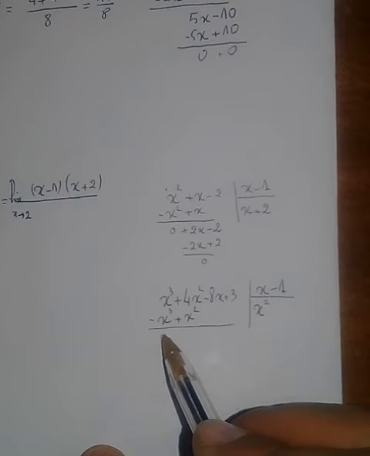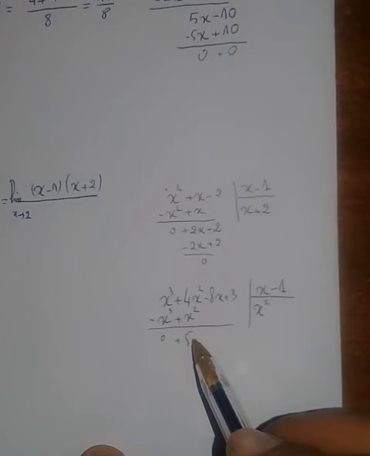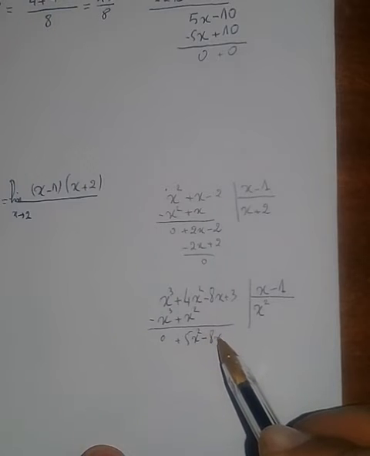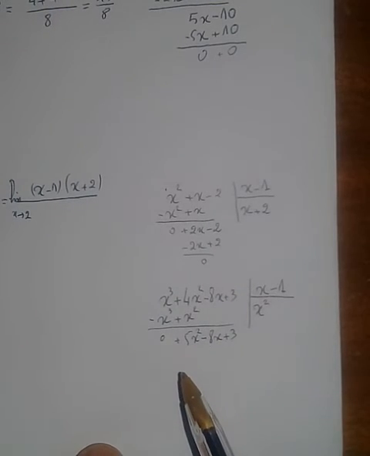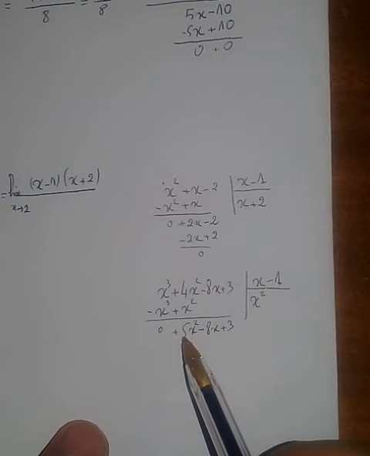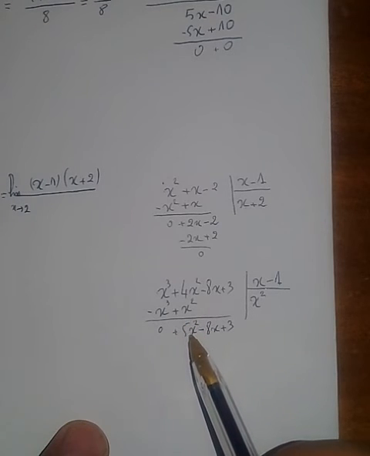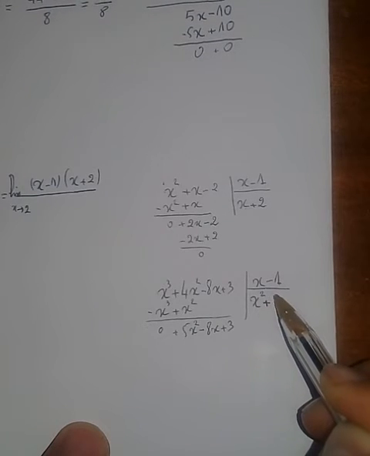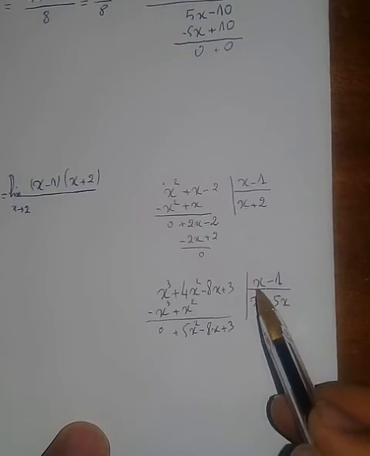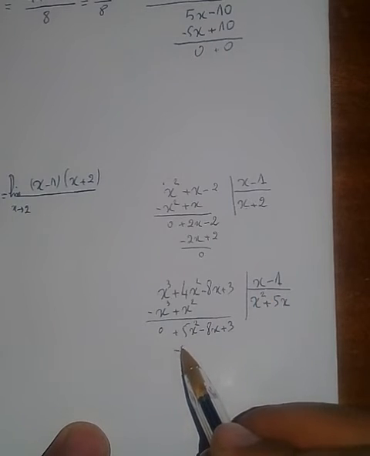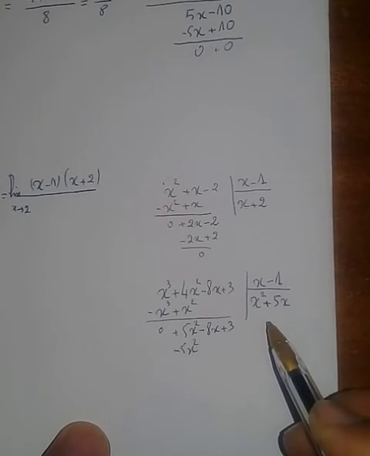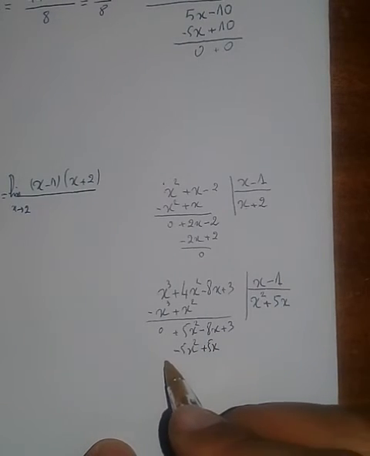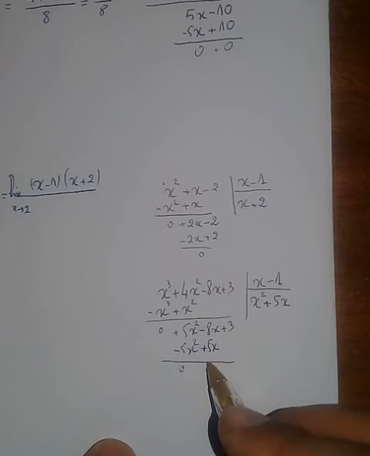So it's 0 plus 5x squared minus 8x plus 3. 5x squared by x is plus 5x. 5x squared, I'm going to write minus 5x squared, and 5x.